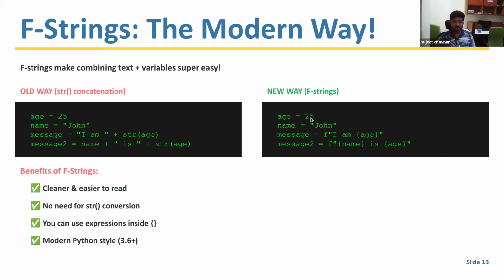So as you can see, right side code looks very beautiful and it's a short code. So age is 25, name equal to John, and we can see message equal to, just write f in double quotes, I am age. Age is written in curly braces. So it will be treated as variable.